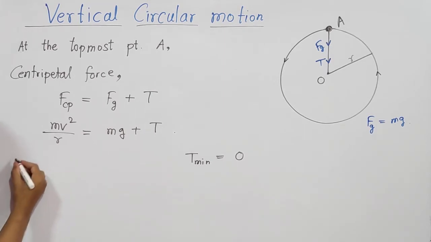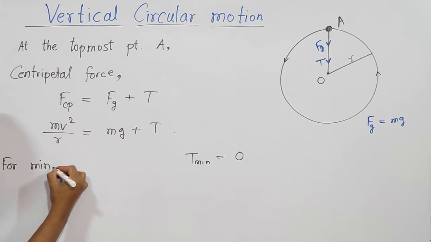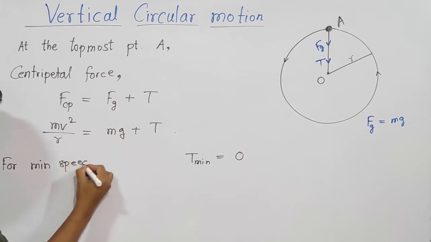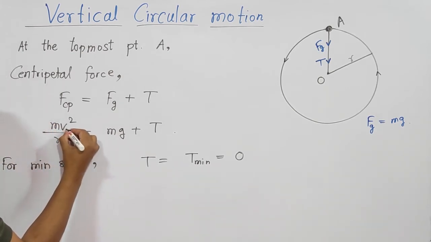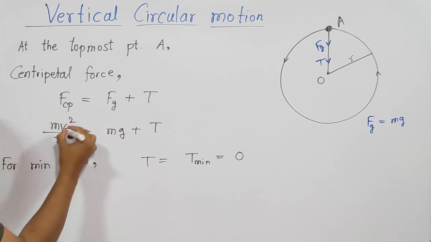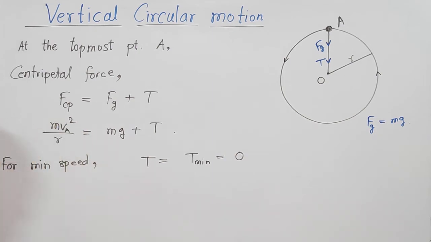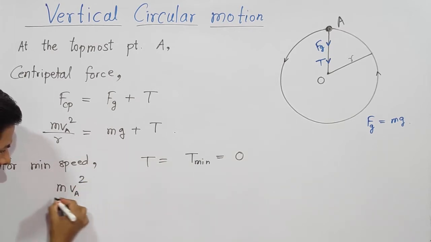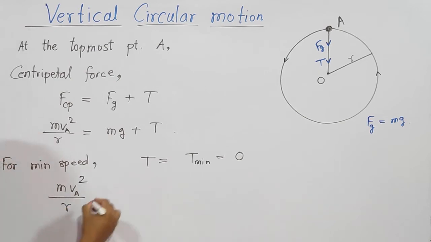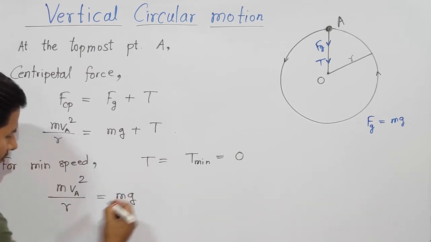Alright. So for minimum speed, we have T equals T min and that is equal to 0. Let's put suffix A over here because it is the speed at point A. So we have m v_A squared over r equals m into g.